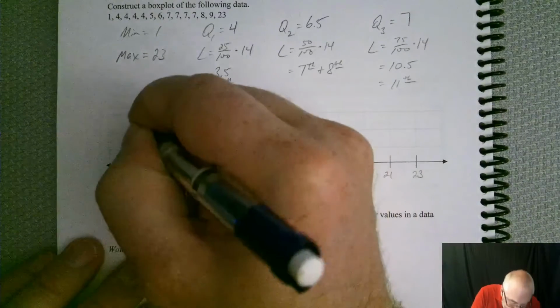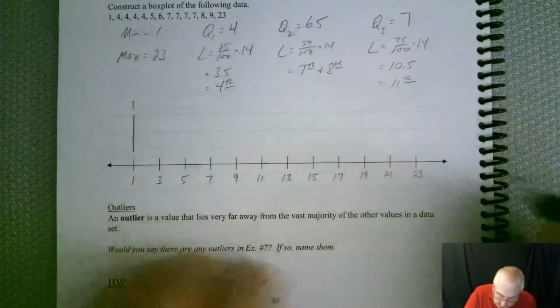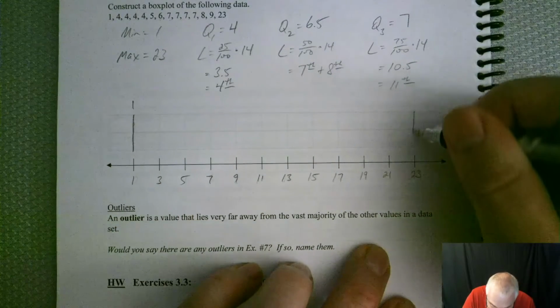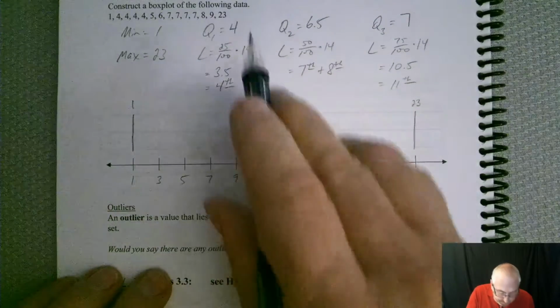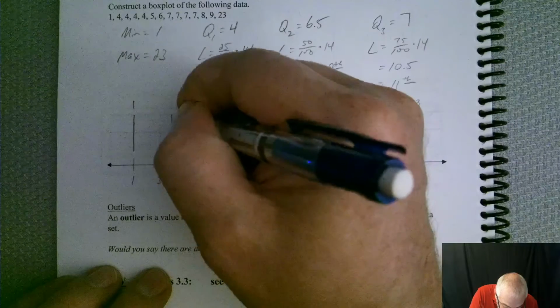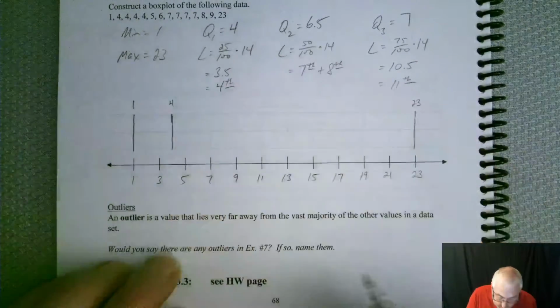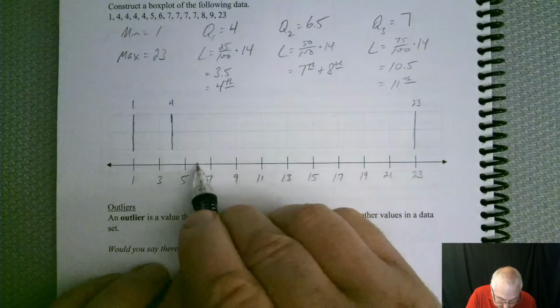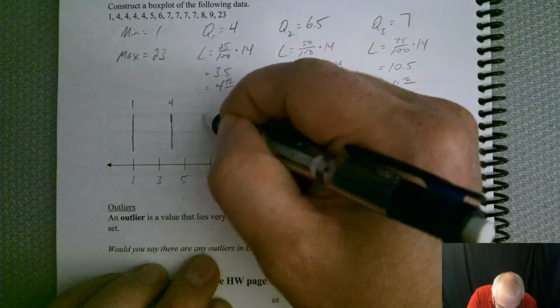So we got a 1, we got a 23, four is going to be right in the middle here. 6.5, so 6 is there, so 6.5 would be about 3/4 of the way.